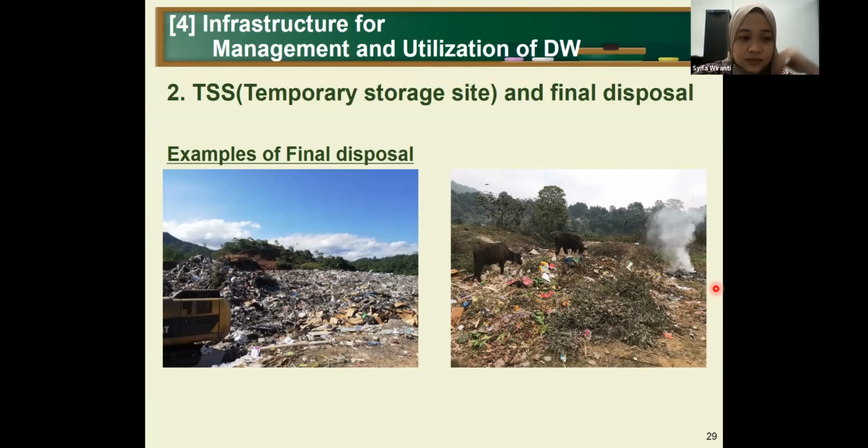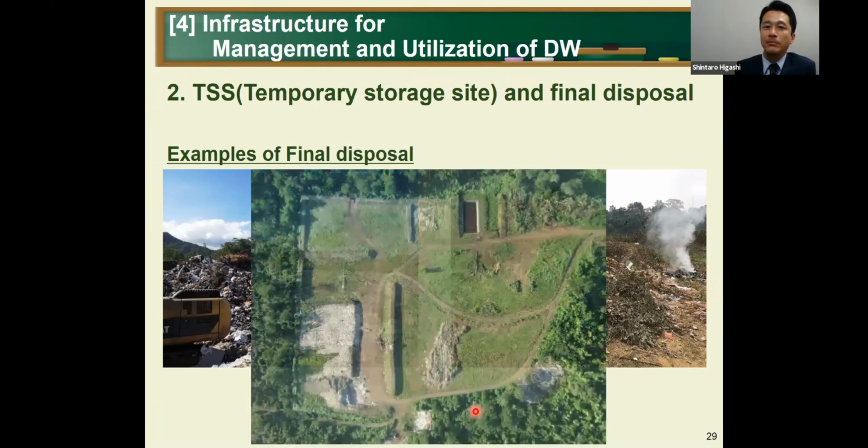I'd like to show one good practice in Samoa. They secured a temporary storage site besides the final disposal site. So this is the whole site for this final disposal site, and they don't allocate all the land to the final disposal site. They have some expansion land, and they assigned one land for this temporary storage site.